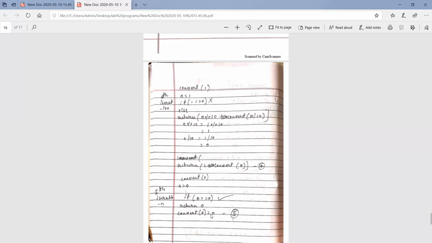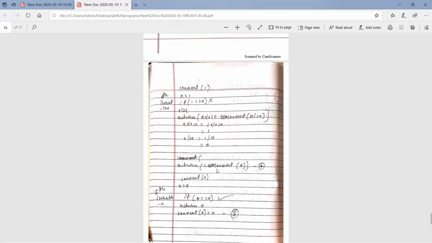Okay, now this 0 value is returned back to its calling function. This convert 0 is called by this convert 1, so this convert 0 value is returned back to this convert 1. We substitute that convert 0 value, 0, here, and find that value.